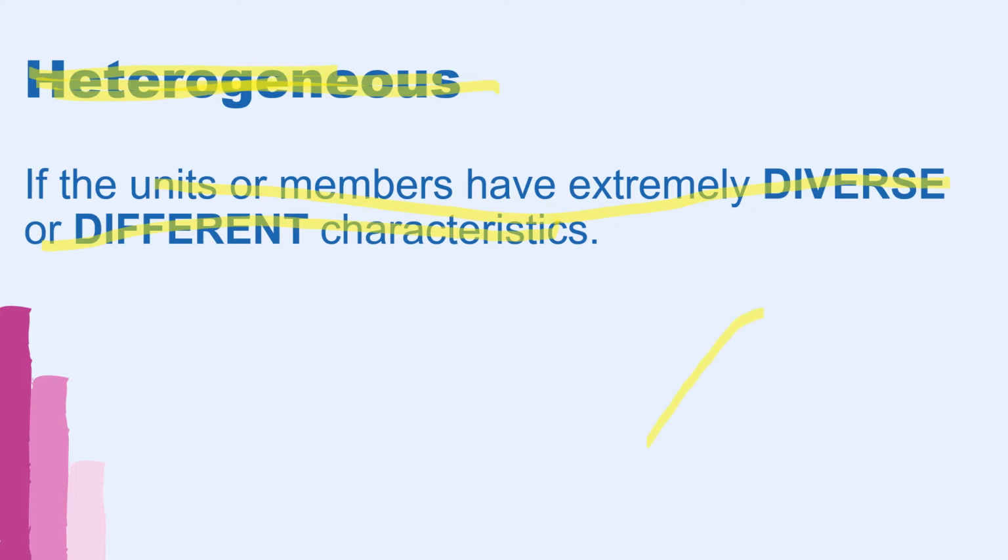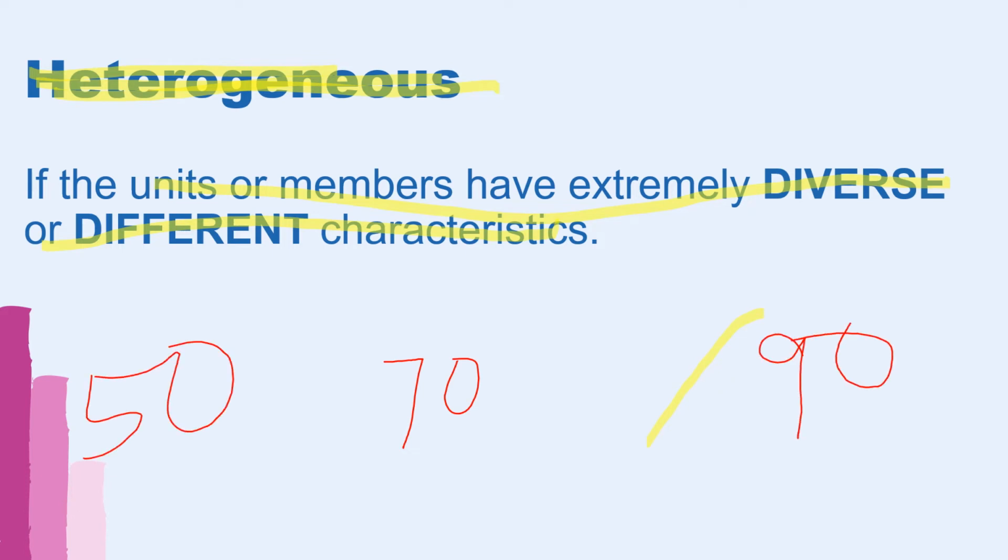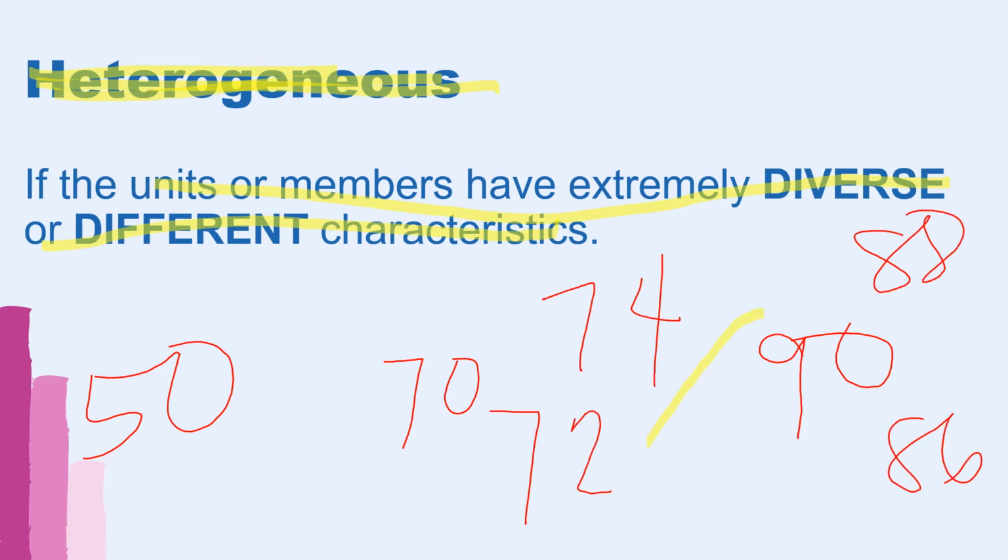If I go back to my example about scores, for example, one classmate scored 70, another scored 90, another scored 50. Although there are people who scored 72 and 74, there are also people who scored 88 and 86, and then there's somebody who scored 52. That way, class, we can say that the class is heterogeneous.